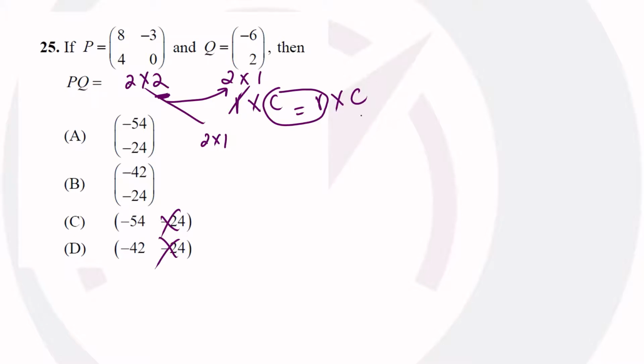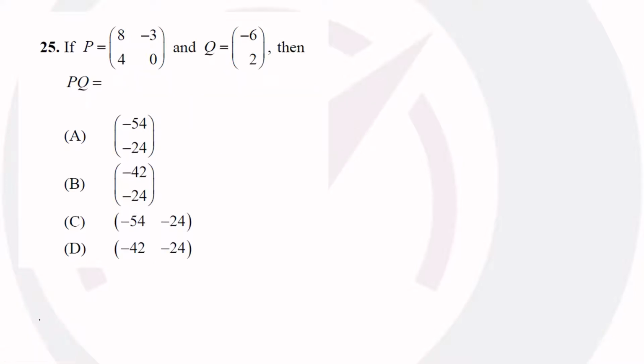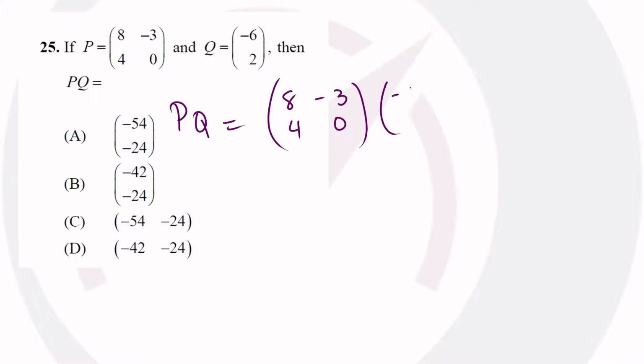So let's look at how we go ahead and multiply. We have 8, -3, 4, 0, multiplied by -6, 2, calculating PQ.